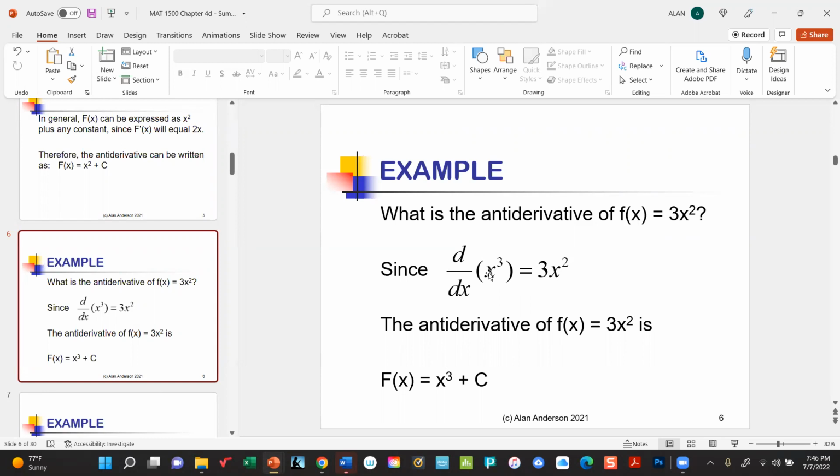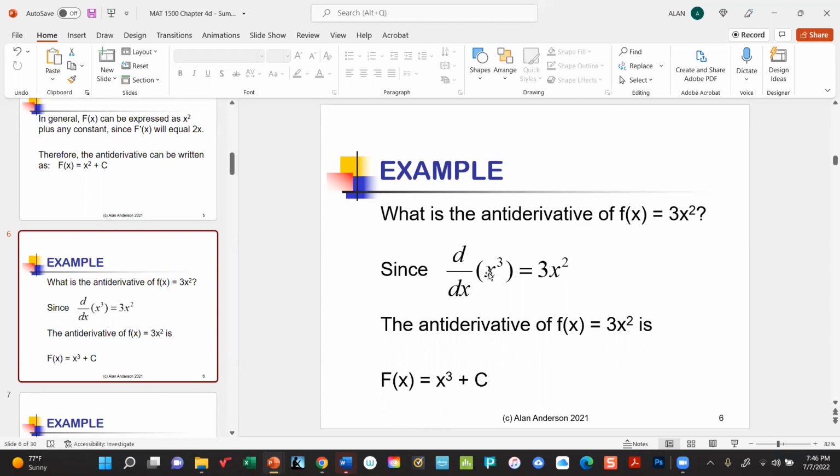Now, for these few examples, we're going to show you the actual antiderivatives. We'll see later in this chapter a more formal approach to doing this. Right now, we're just trying to introduce the concept.